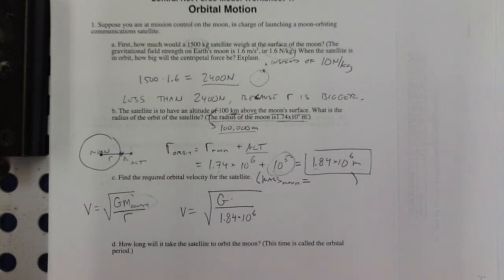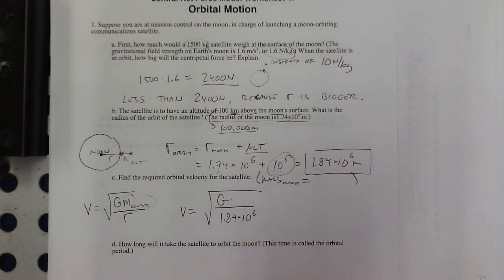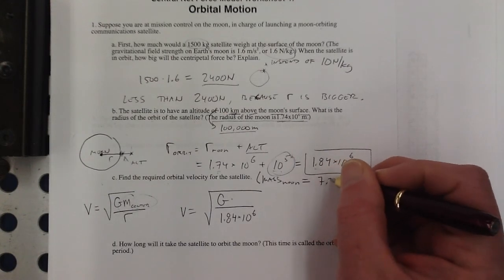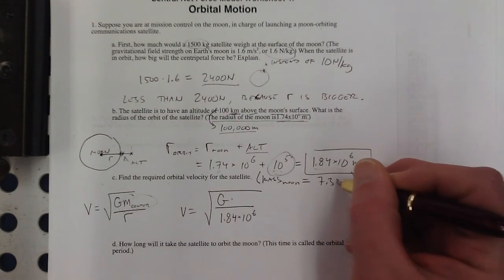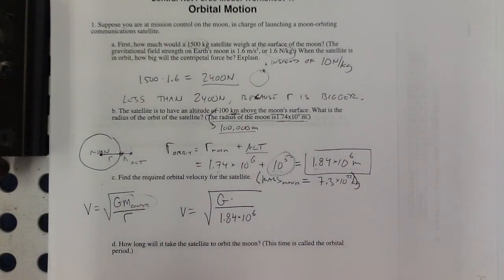I guess nobody cares. There we go. There it is. So about 7.3 times 10 to the 22nd. Mass of the Moon is about 7.3 times 10 to the 22 kilograms. Okay, there we go. Needed that.